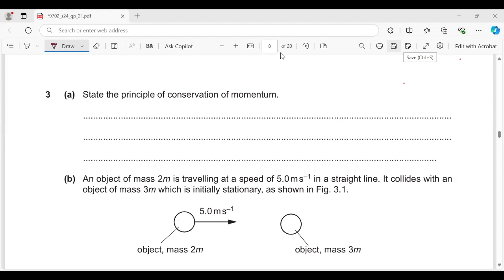Number 3, state the principle of conservation of momentum.